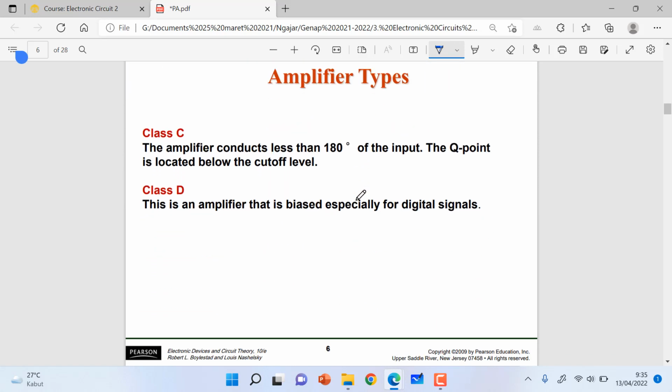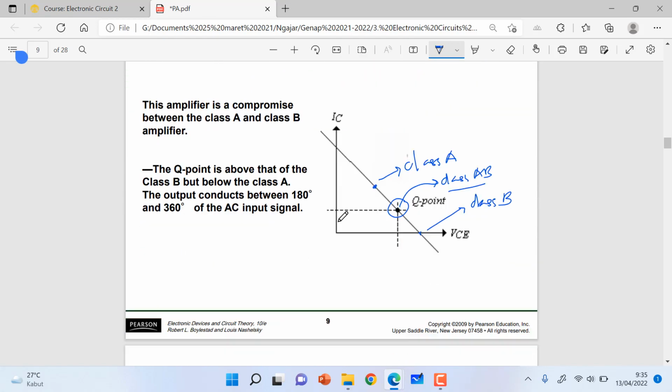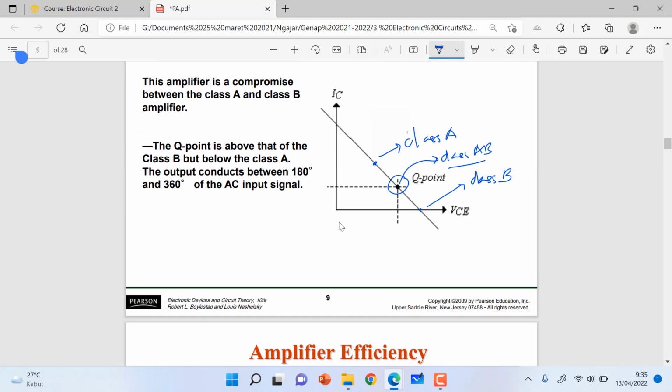The class C conducts less than 180 degrees, and the key point is located below the cutoff level. So class C is over there.